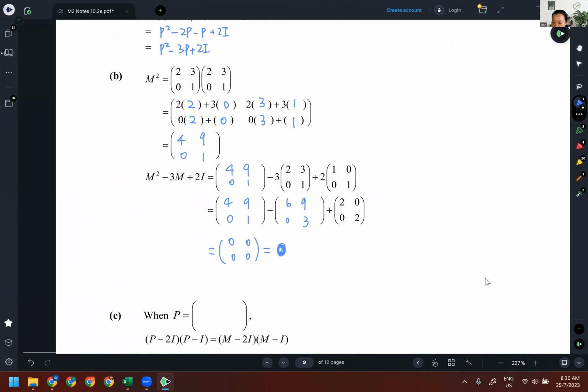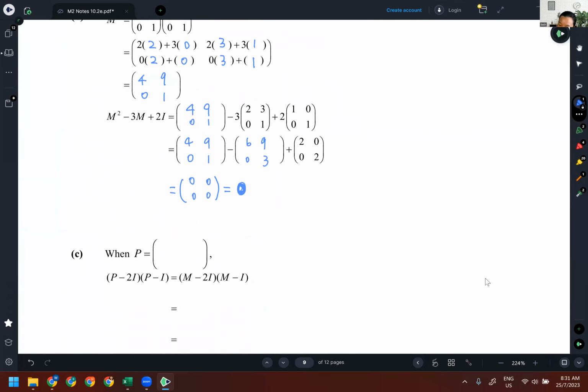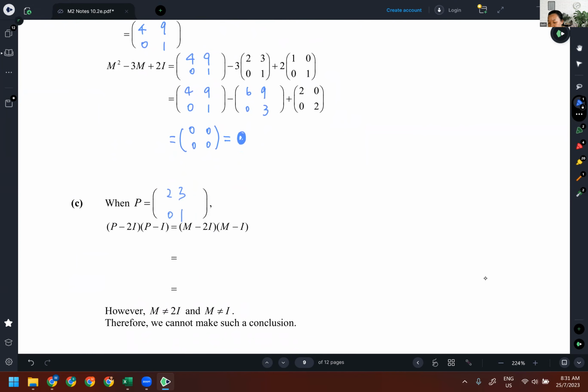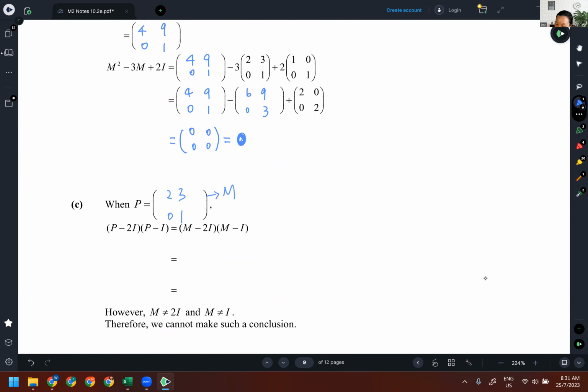For B, we already know that when P is equal to this very specific example, 2, 3, 0, 1, this P is equal to M. So P minus 2I is M minus 2I, and P minus I is M minus I. And this can be equal to M squared minus 3M plus 2I.